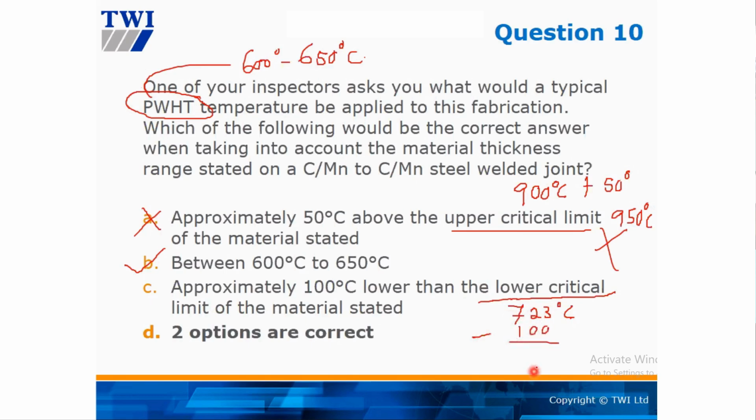That will give us 623 degrees C. So that is still in the range of PWHT temperature. So that's why C is also correct. So the best answer goes to D. Two options correct, meaning B and C. Okay?